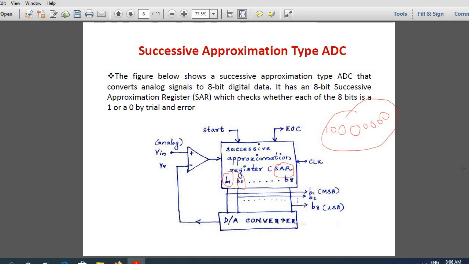Each time a trial code will be formed, converted, and compared with the analog voltage which is to be converted. Depending on the level of the converted voltage and the analog input, a decision will be made to set or reset the bit checked, and it goes like that. After all the 8 bits have been checked, the end of conversion signal will be given to stop the conversion, and you can read the bits in the successive approximation register.